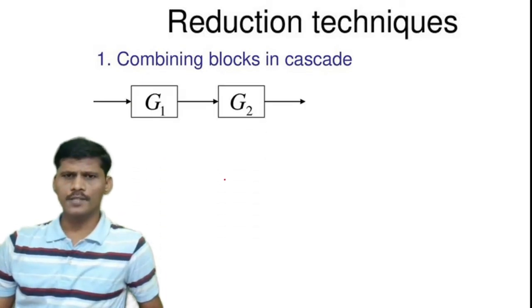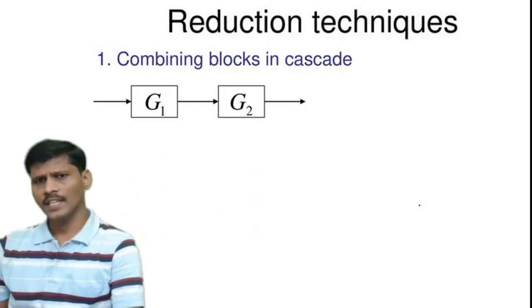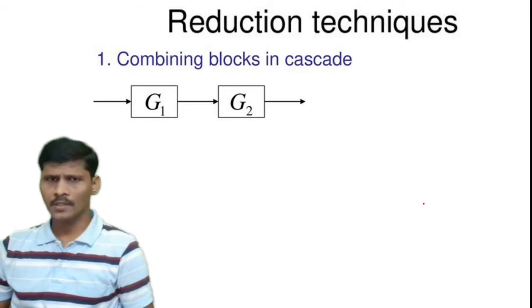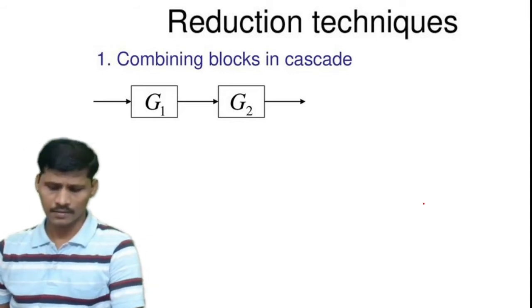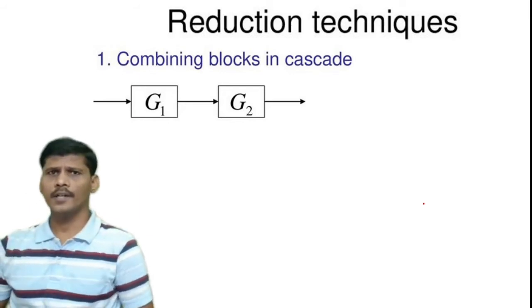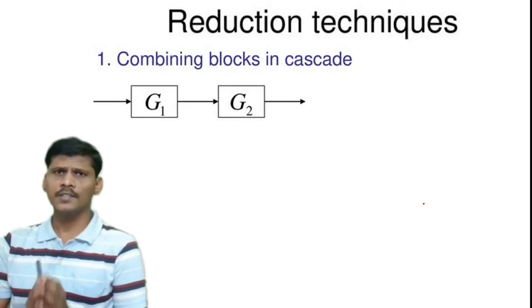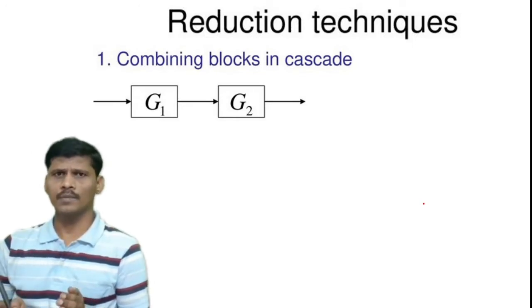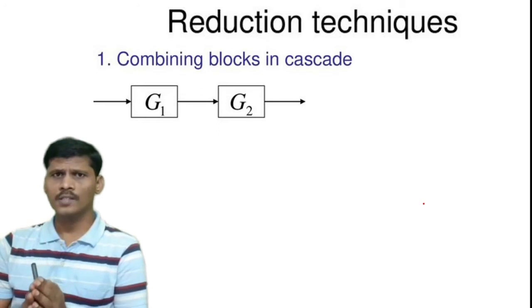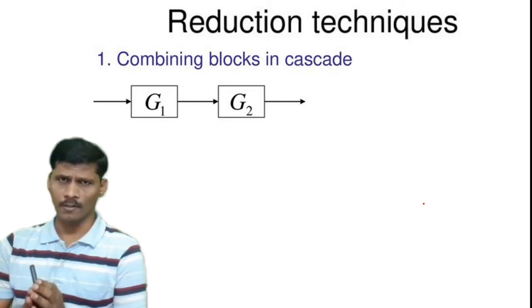The first rule is combining the blocks in cascade. In the given block diagram, if the blocks are connected in series form or cascade form, all the series blocks are combined into a single block.